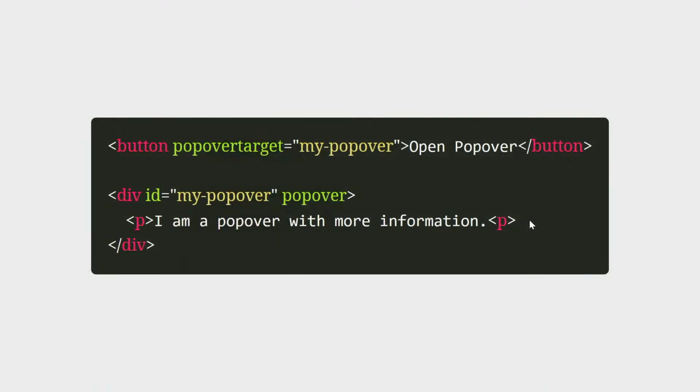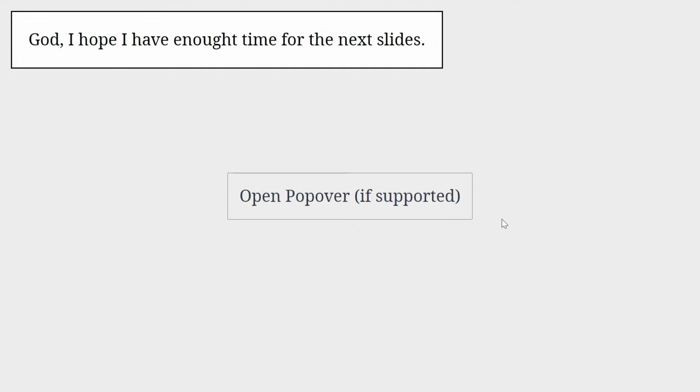You have a button with a popover target, and then you have an ID with that popover, and as soon as a button is clicked, automatically the popover pops up. And this works in Chrome, for example. So there I have this button, and if I click it, the pop-up pops up. And if I click now somewhere here, it's closed automatically. And I don't have to do anything with JavaScript, because HTML is all I need in this instance.